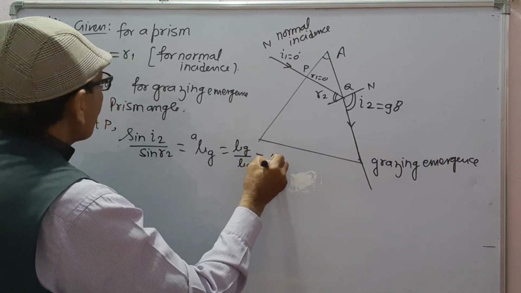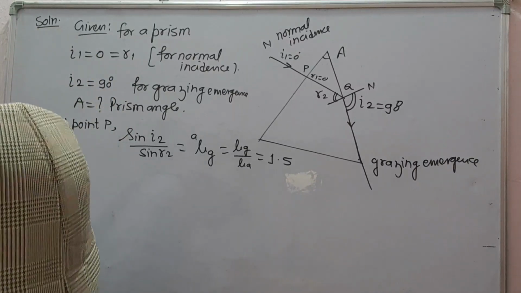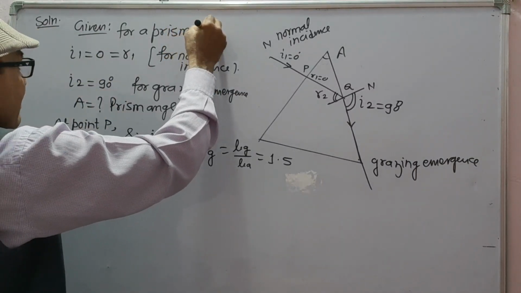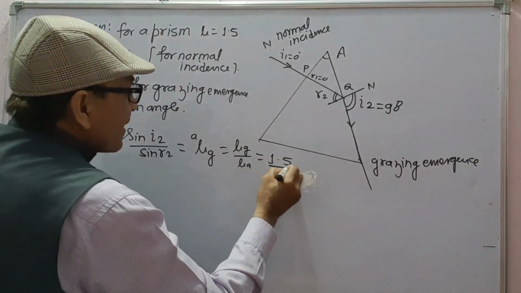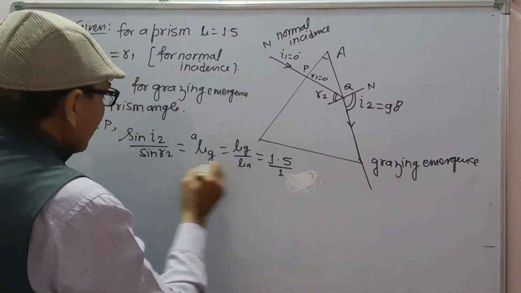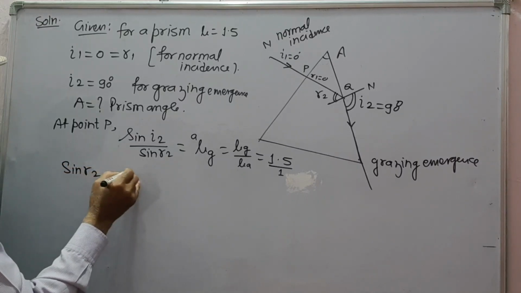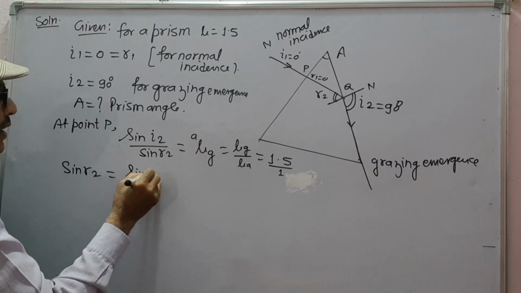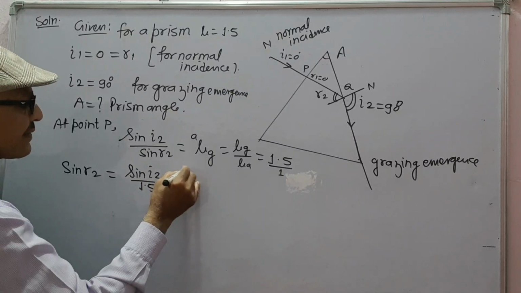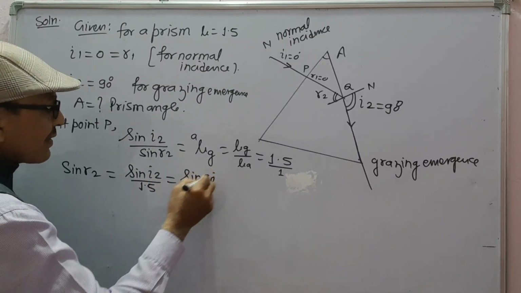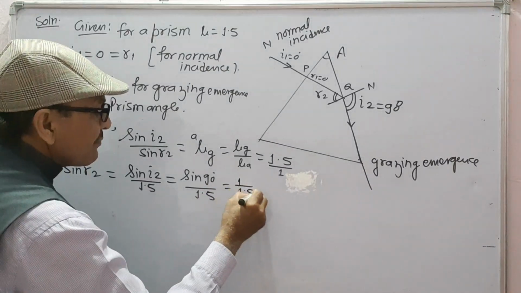Mu g is 1.5, mu air is 1. So sin R2 will be equal to sin I2 upon 1.5, sin 90 upon 1.5, means 1 upon 1.5.